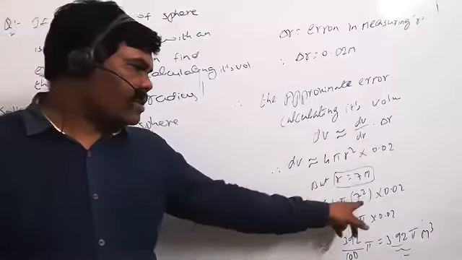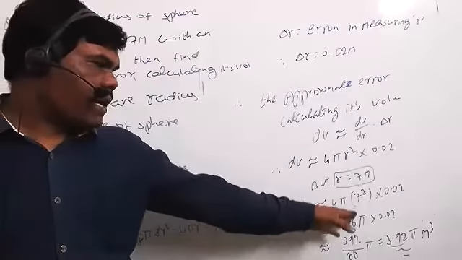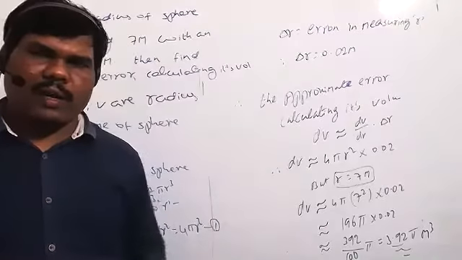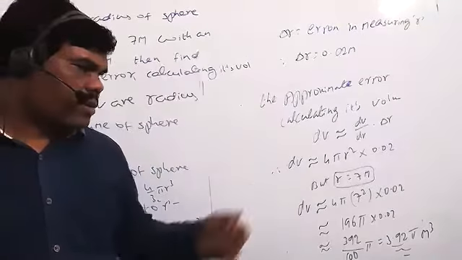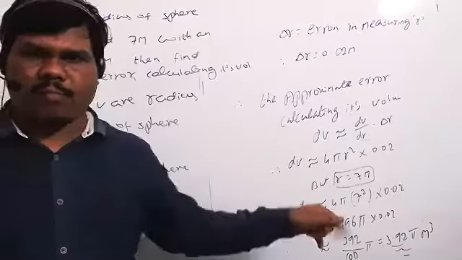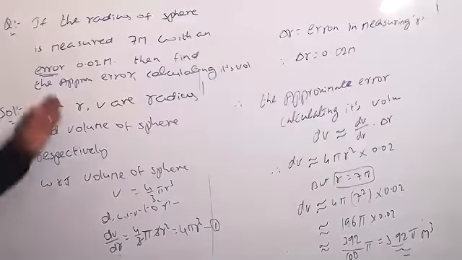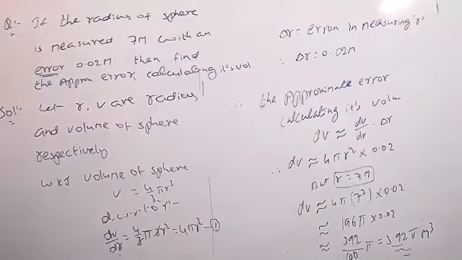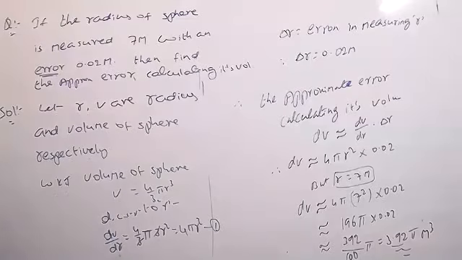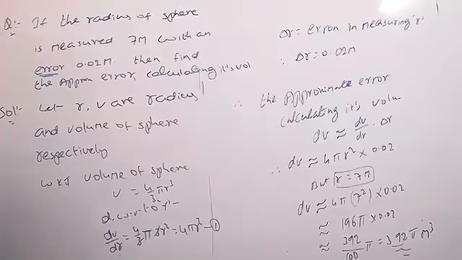Multiplying, 4 into 49 is 196, so 196 pi into 0.02. Since 0.02 is 2 by 100, 2 into 196 is 392 by 100 pi, which equals 3.92 pi meter cube. That is the approximate error in its volume: 3.92 pi meter cube.